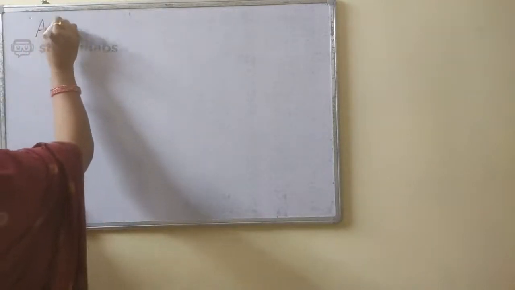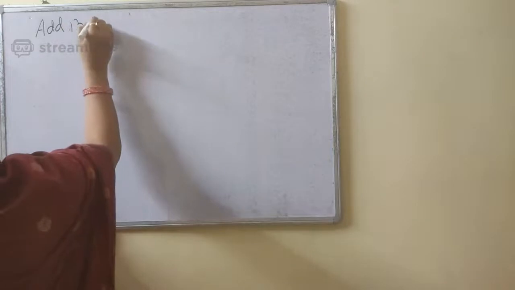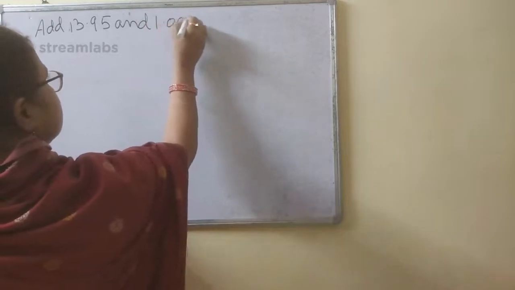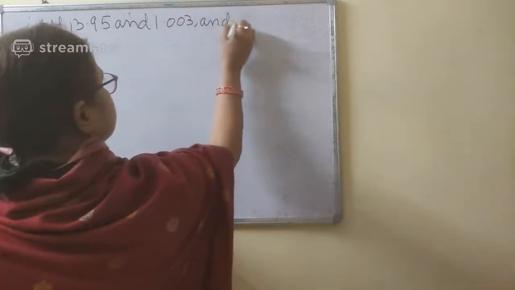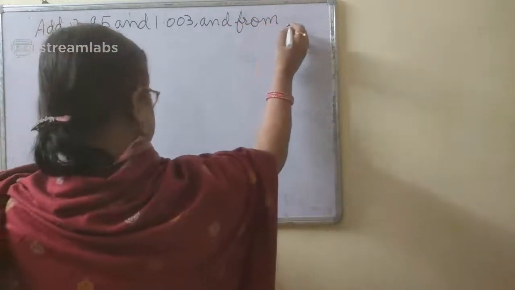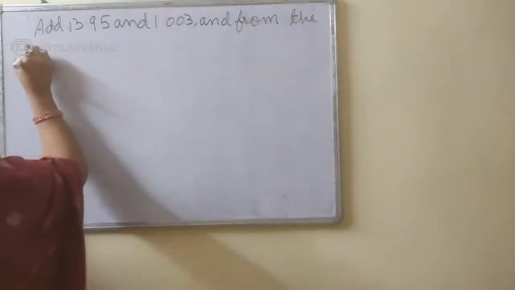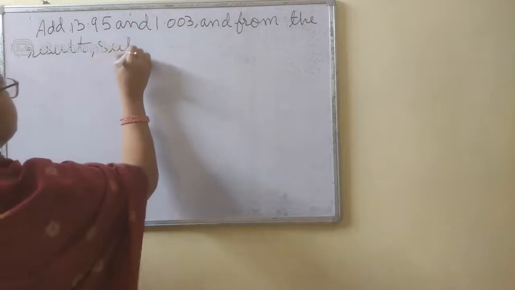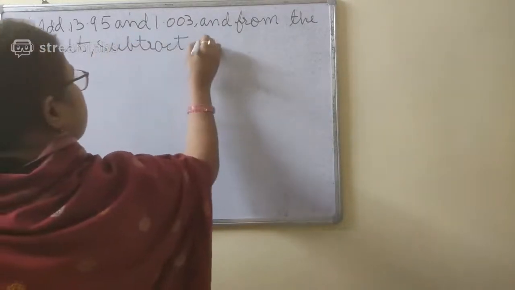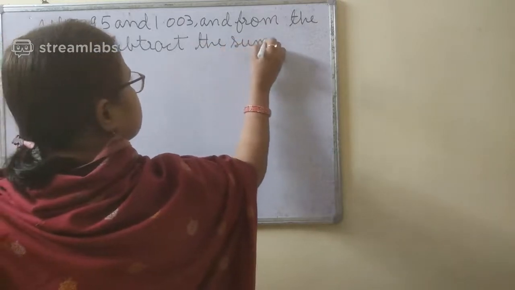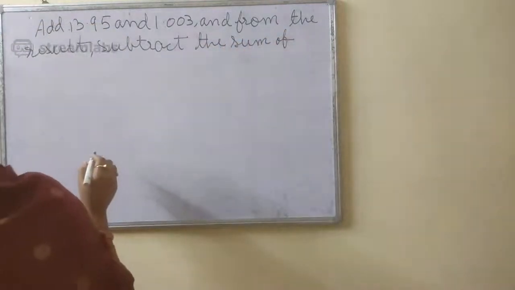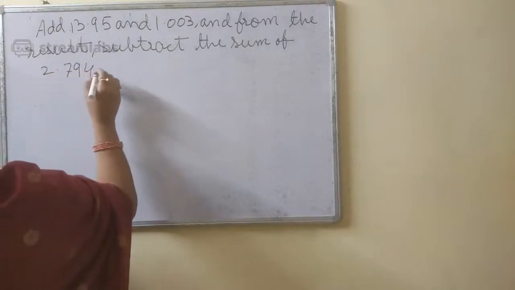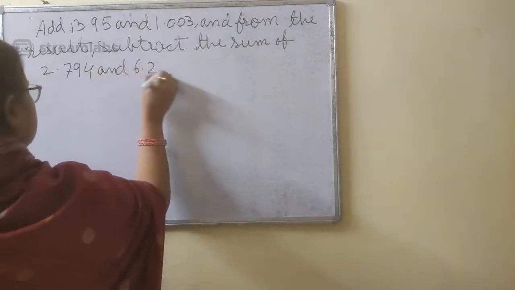Now the next question is: add 13.95 and 1.003, and from the result subtract the sum of 2.794 and 6.2.